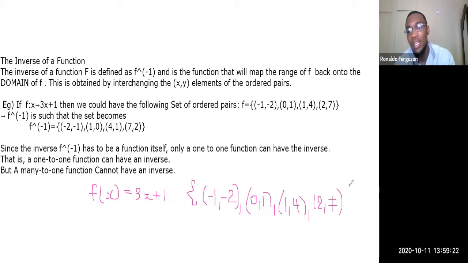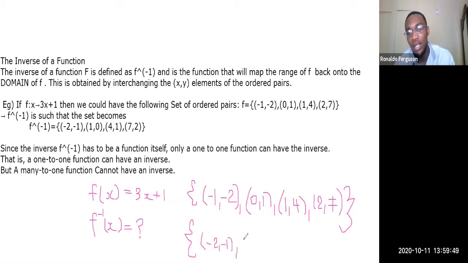Now, what we need is f inverse. So we need to find what f inverse of x is. We know what f inverse will be as ordered pairs. It's just the interchange of x and y. So it is -2, -1.